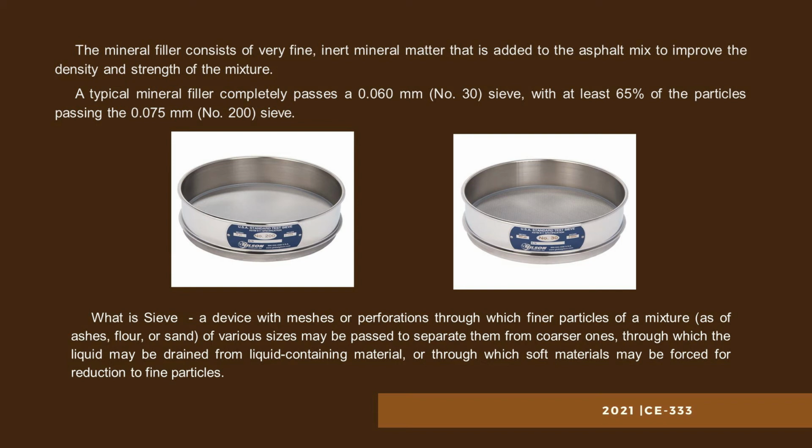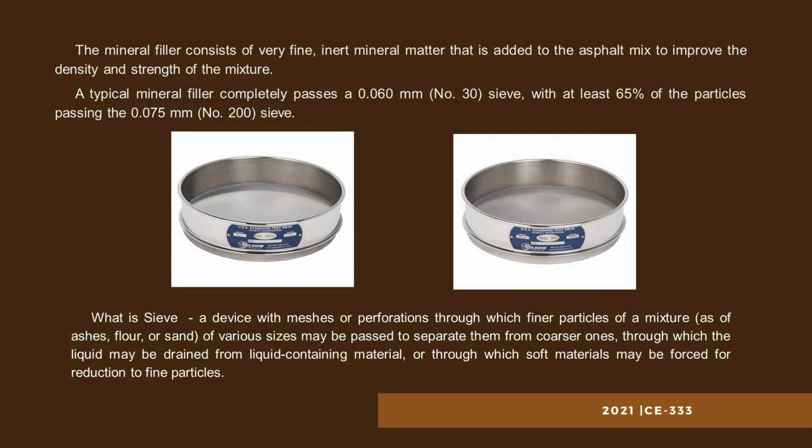So, ano ba yung sieve na tinatawag natin? So, sieve is a device with meshes or perforations through which finer particles of a mixture of various sizes may be passed to separate them from coarser ones. So, ito yung sieve is yung device na naghihiwalay sa mga finer particle size dun sa mga broader particle size.